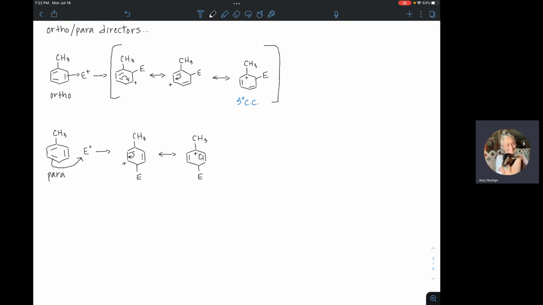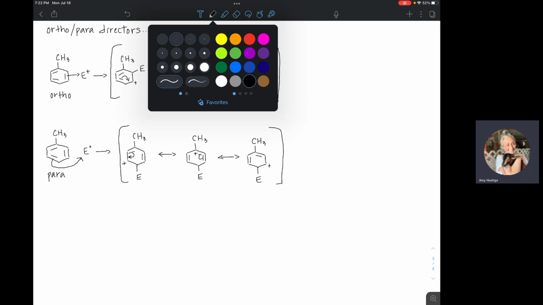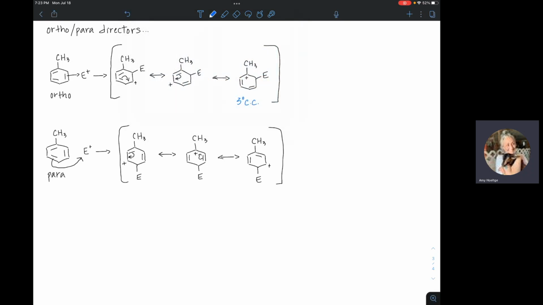What's that all about, right? So again, you see in that middle resonance structure, we have a tertiary carbocation. So here are your contributing resonance structures. We just moved the charge around the ring by delocalizing the electron density.